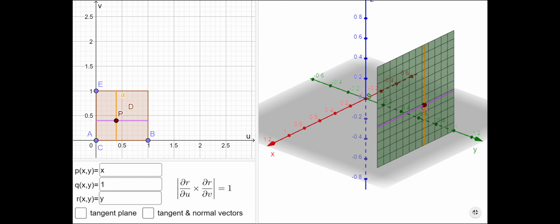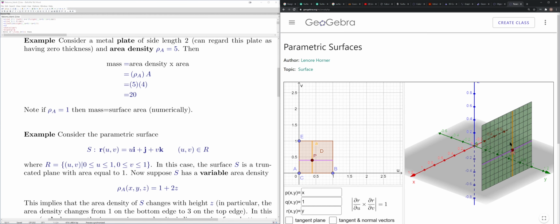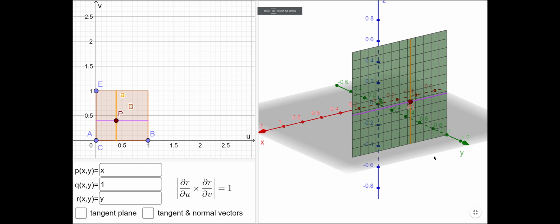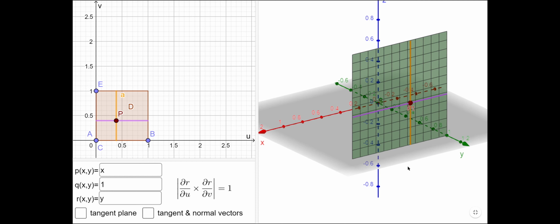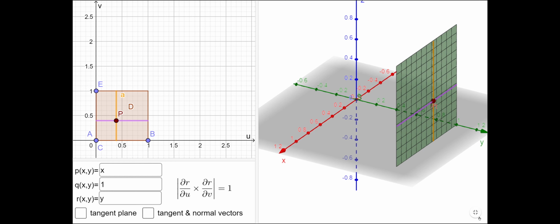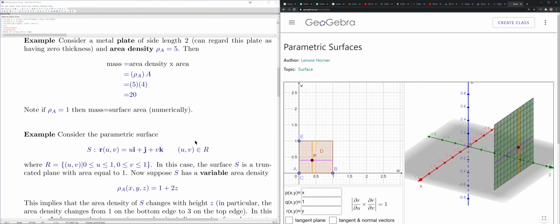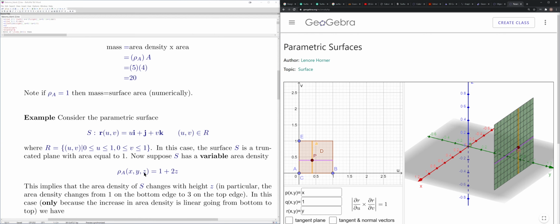And how you deal with that is you use a surface integral to work out the mass. If I want to get the mass of this metal plate where the area density is variable, then what I would do is use a surface integral. So what do I mean by variable area density? Let's consider this function over here.